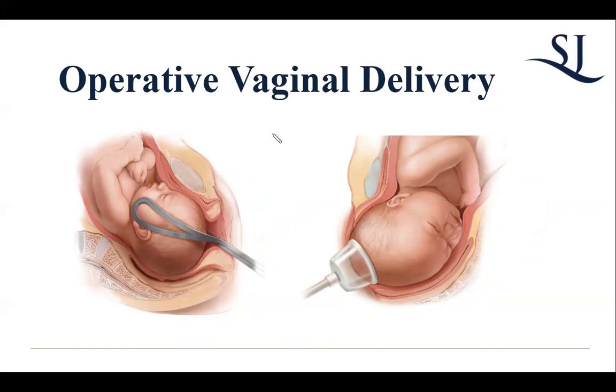Operative vaginal deliveries, forceps that go over the baby's face, and a forceps delivery is not like you kind of wiggle it. It's like an up and down motion like this, almost like you're trying to wrench something out, as opposed to the vacuum where you try to simulate the cardinal movements of labor.